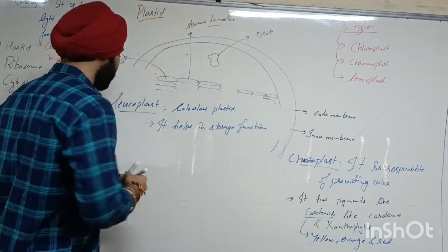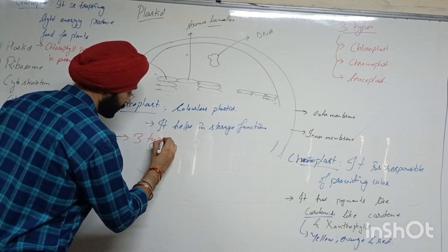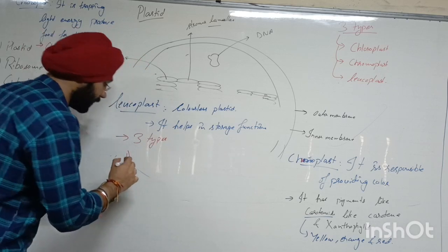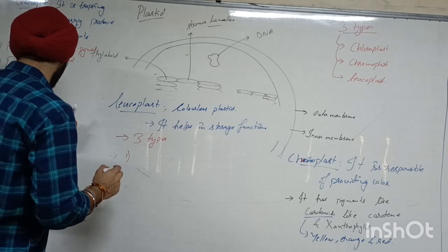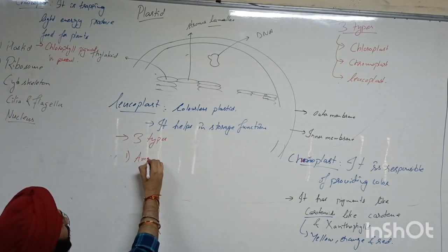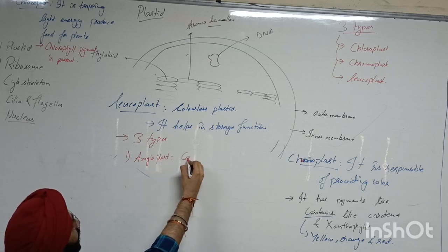So let me explain. Three types of leucoplast. The names are like this. The first one is amyloplast, that stores carbohydrate.